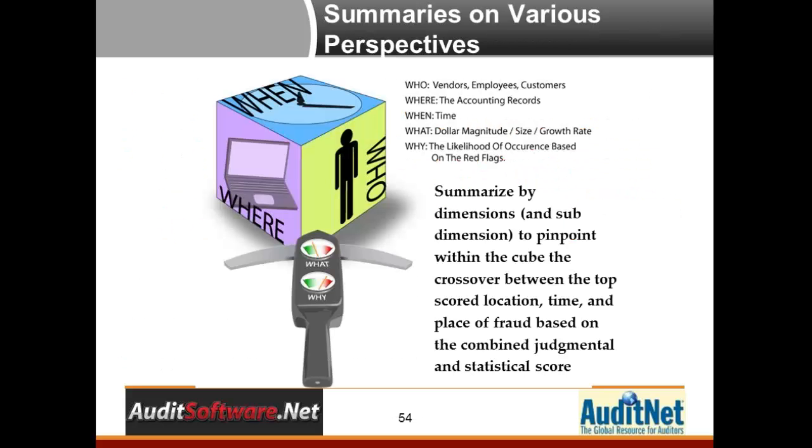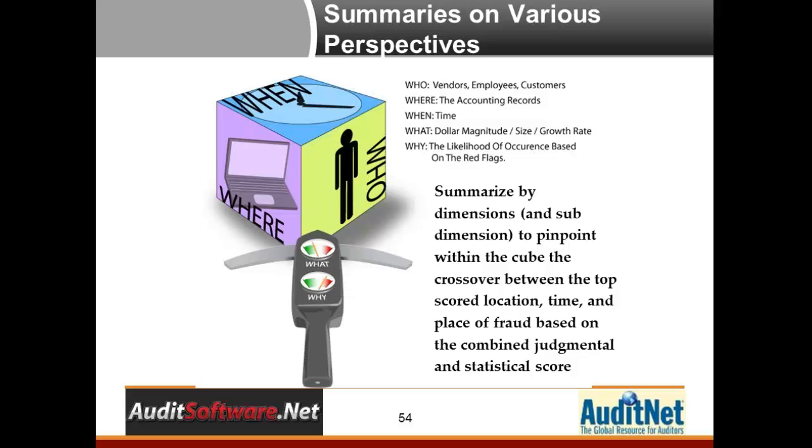That can then be summarized by who, when, and where. What I tend to do when I'm summarizing is summarize the total value of, say, journal entries, but then by who entered them, by when they were entered, by where they were entered in the general ledger.